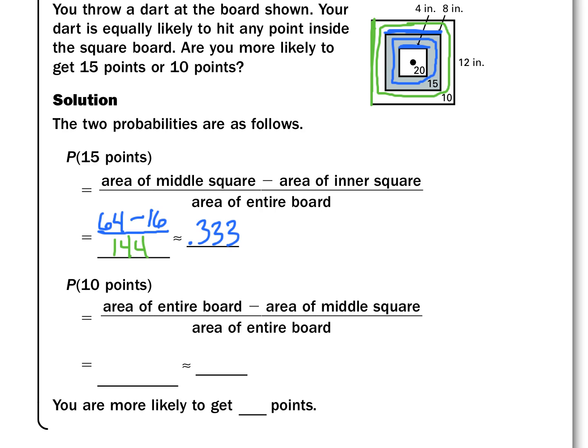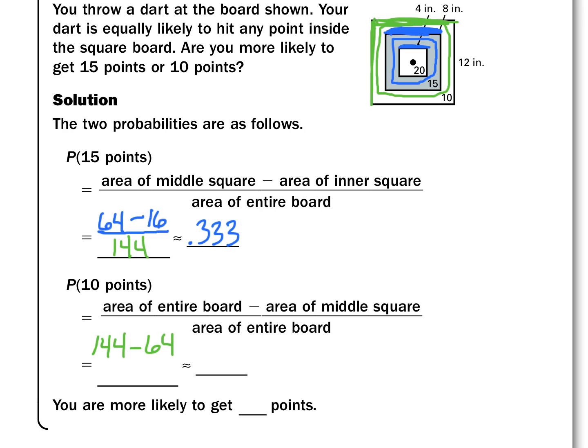Now, to find the area for the 10-pointer, we have to find the area around the outside minus the area of the middle square. Okay, and then take that out of the area of the entire board. So the area of the entire board is the outer one, that's 12 by 12, 144, minus the area of the middle square, which is the 8 by 8, or the 64.